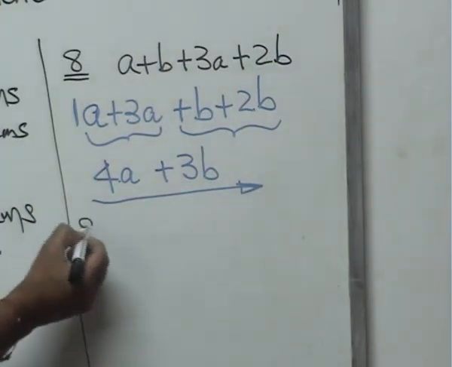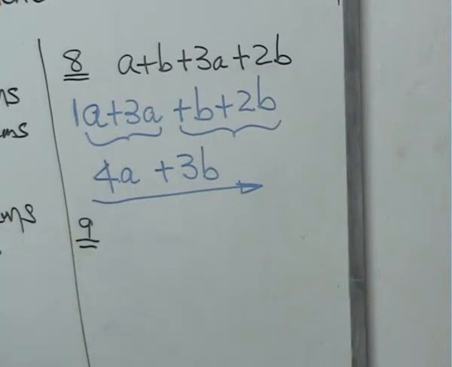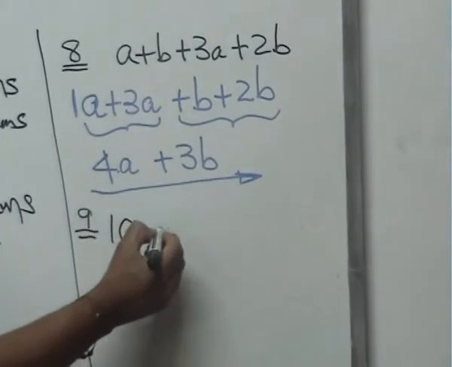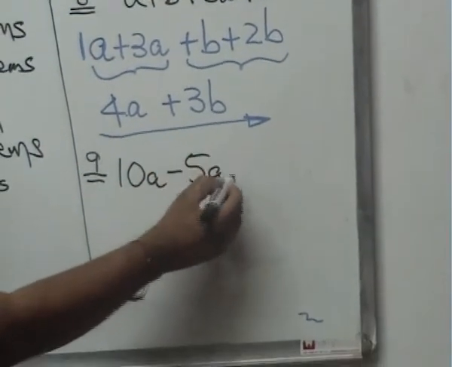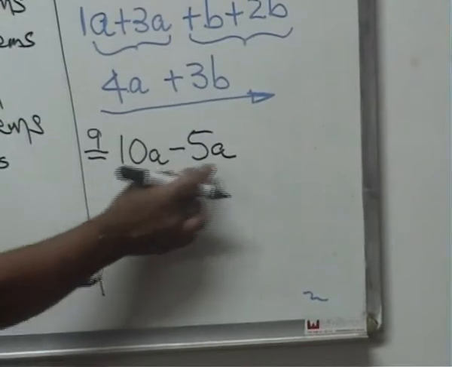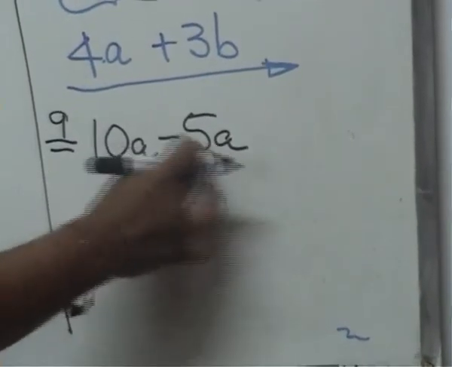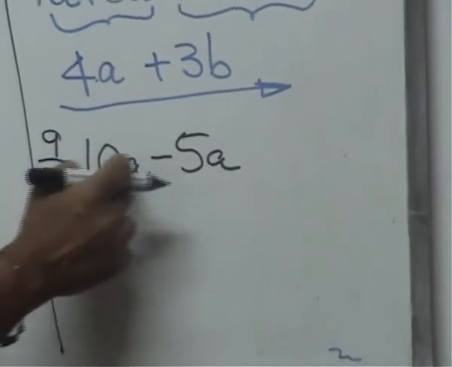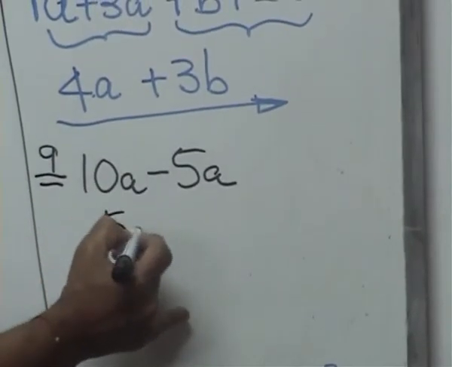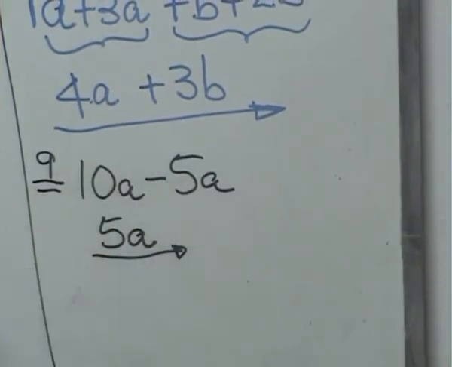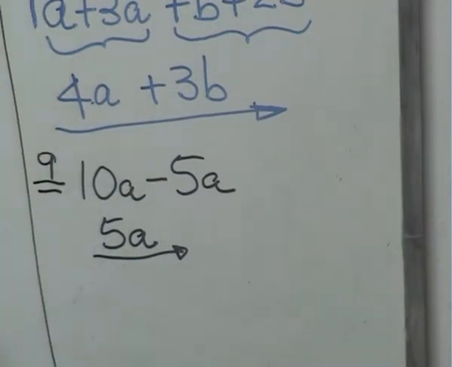So I want to add, or let's say I want to subtract now. So I got 10a minus 5a. Firstly, are the powers the same? Yes. Are the terms like? Yes. Therefore I can subtract 10 minus 5 gives me 5a. So the answer to this example was 5a. So you can add or subtract like terms.